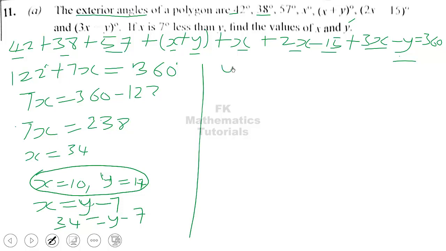So y will be equal to 34 plus 7, and that will be equal to 41 degrees. So ignore the illustration. The answer is x equal 34 degrees and y equal 41 degrees.